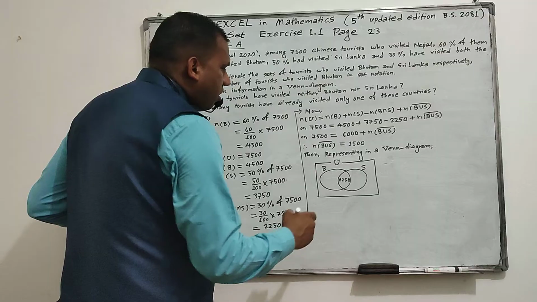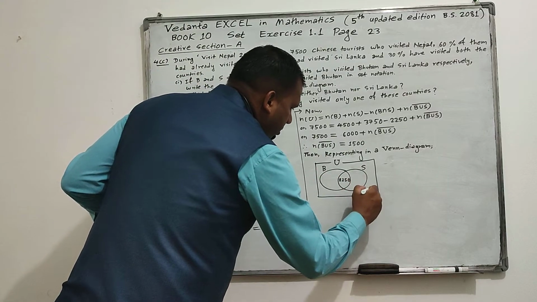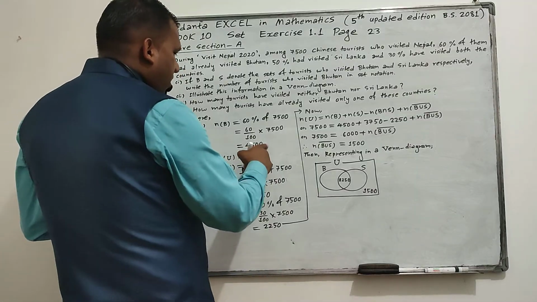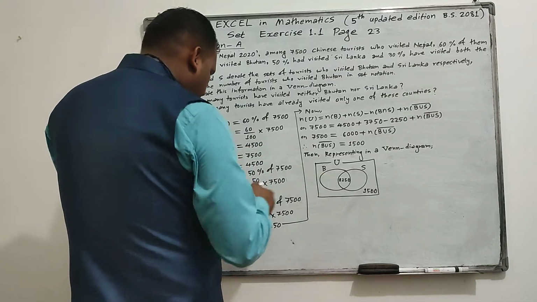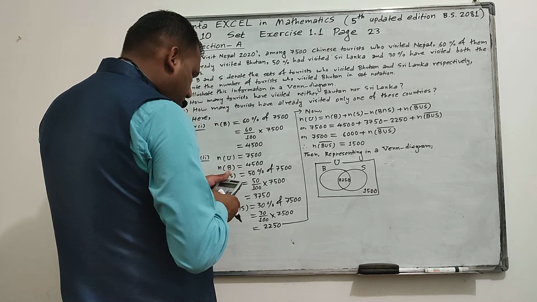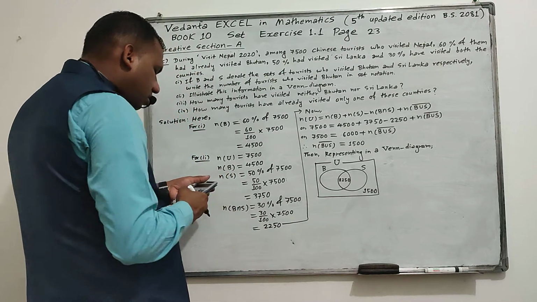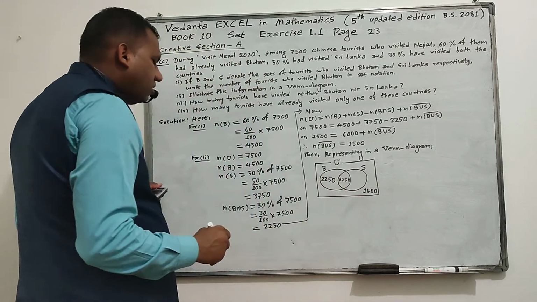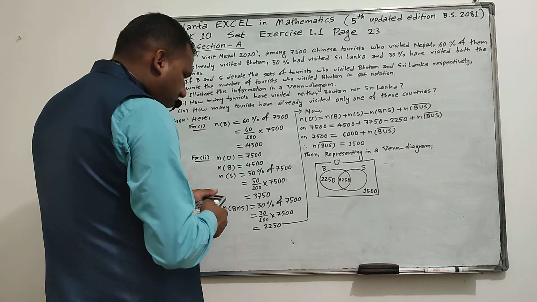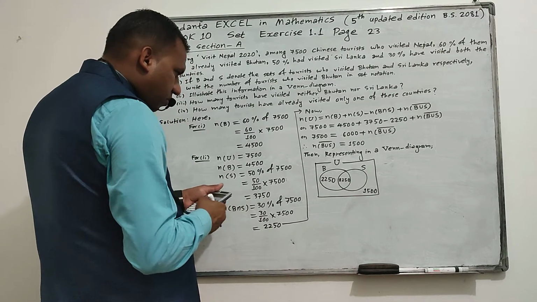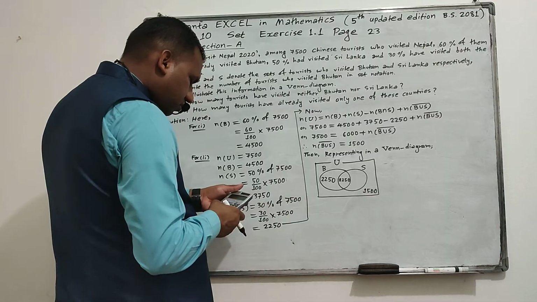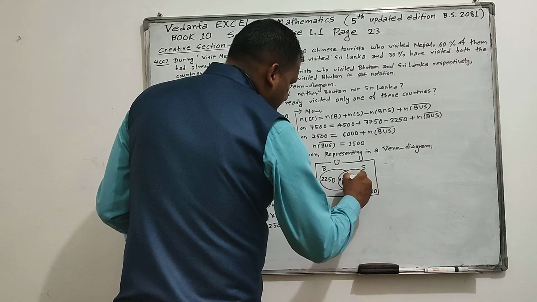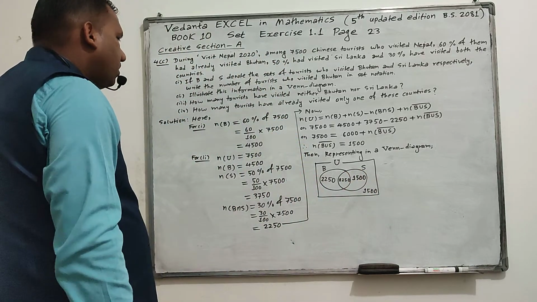Who visited none, that is 1,500. Who visited Bhutan only, that is 4,500 minus 2,250. Who visited only Sri Lanka, that is 3,750 minus 2,250, that is 1,500. This is the required Venn diagram.